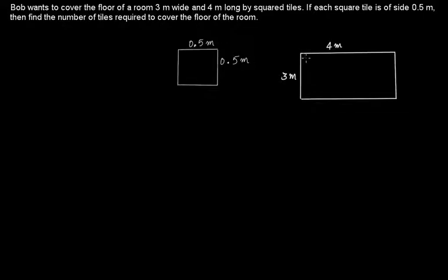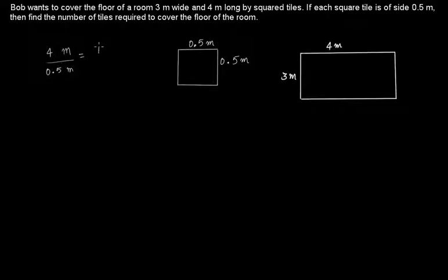So what is the length of this rectangular floor? That is 4 meter. What is the side of this square tile? That is 0.5 meter. If I divide 4 meter by 0.5 meter, I have to remove this decimal so that I can divide easily.